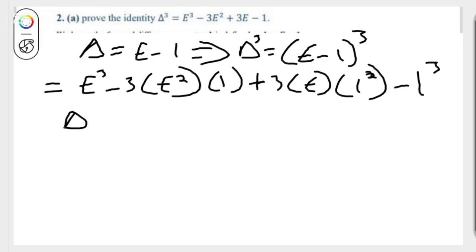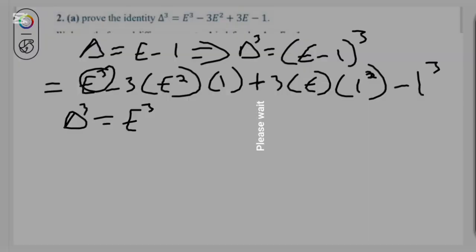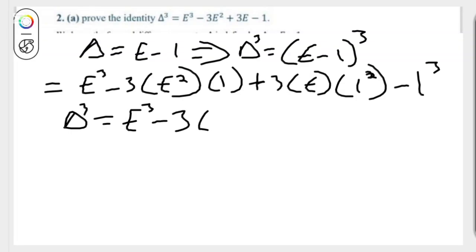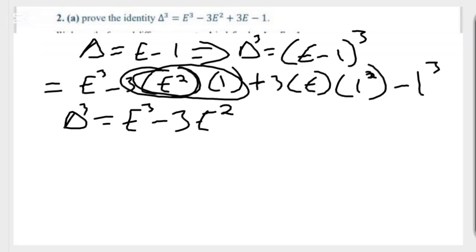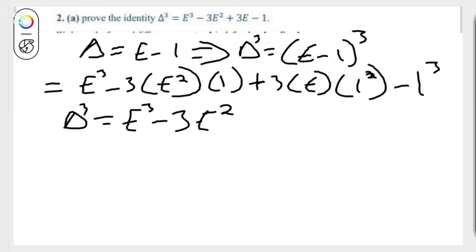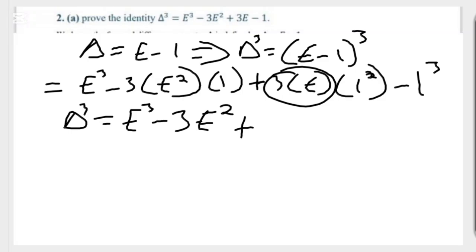So therefore, the forward difference cubed is the same thing as e to the power of 3, which I keep down, and then subtract 3e squared when I multiply this and this. Then I plus 3 multiplied by this e and this 1 squared, so I get only 3e, and 1 cubed is the same thing as 1.